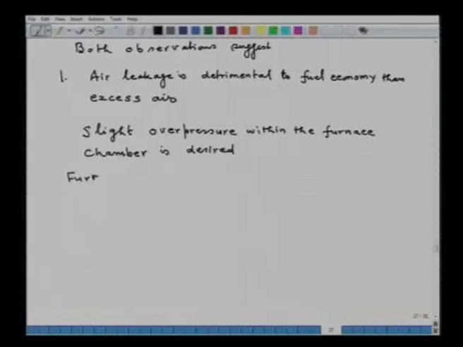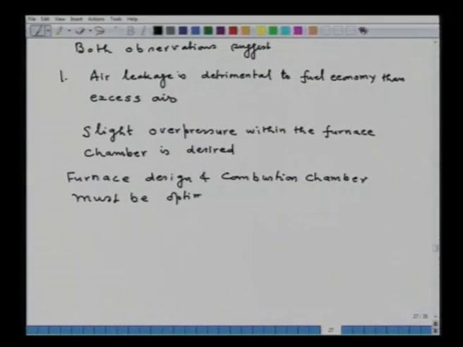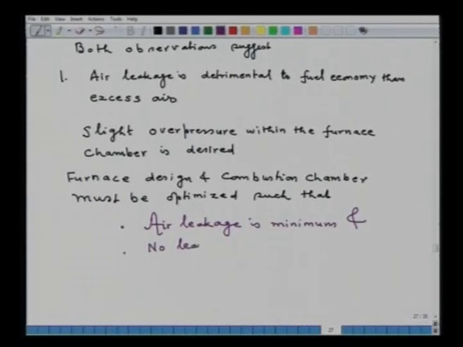So, the furnace design and combustion chamber pressure must be optimized such that air leakage is minimum and no leakage of products of combustion occurs.